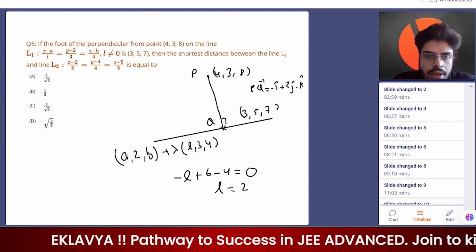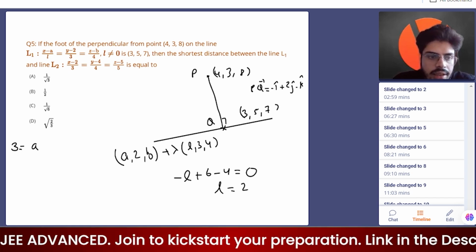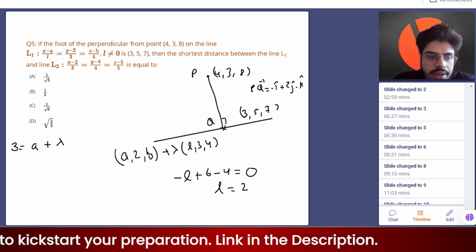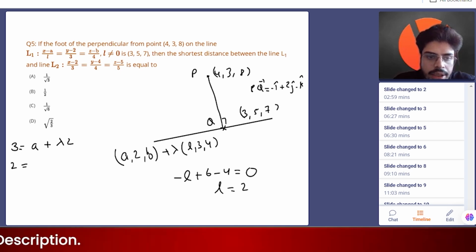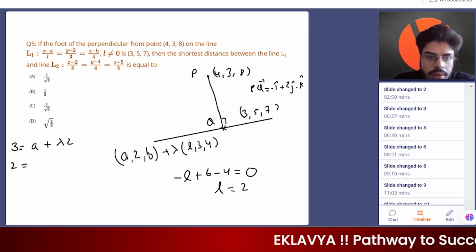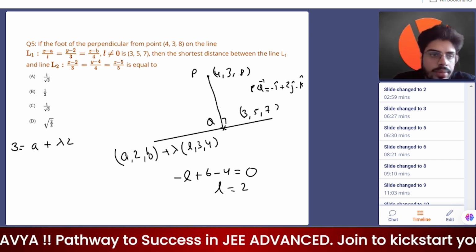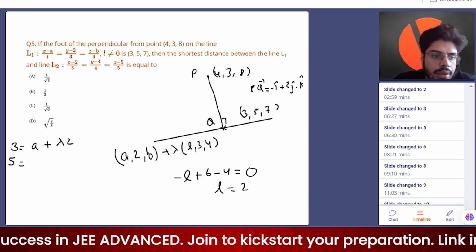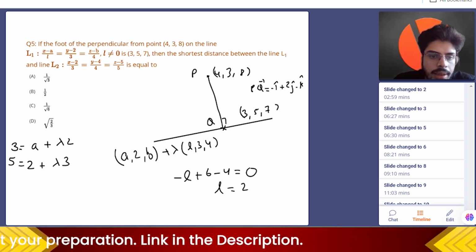Now this point Q, 3, 5, 7, is on this line. So 3 will be equal to A plus lambda L, L is 2. Similarly, 5 will be equal to 2 plus lambda times 3.